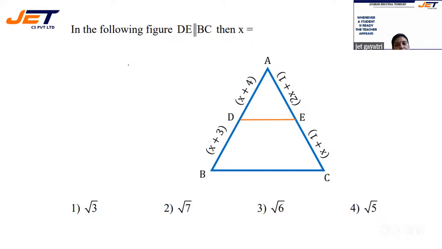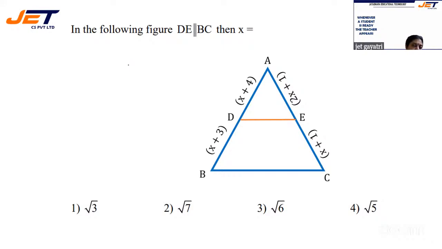And they have given the measurements for AD as x plus 4, BD as x plus 3, AE is 2x plus 1, and CE is x plus 1. So now what is it that they're asking? What is x? Okay.